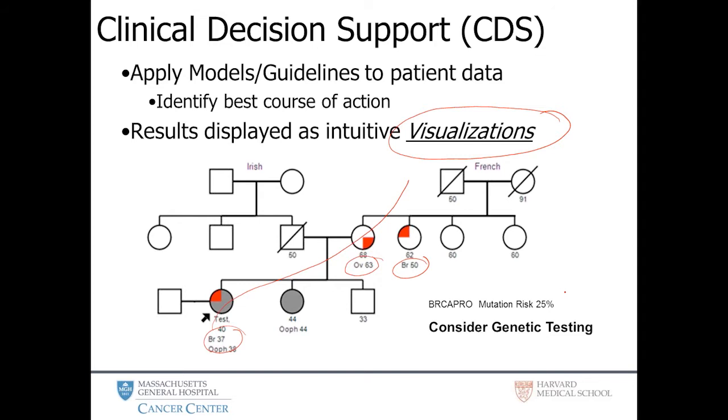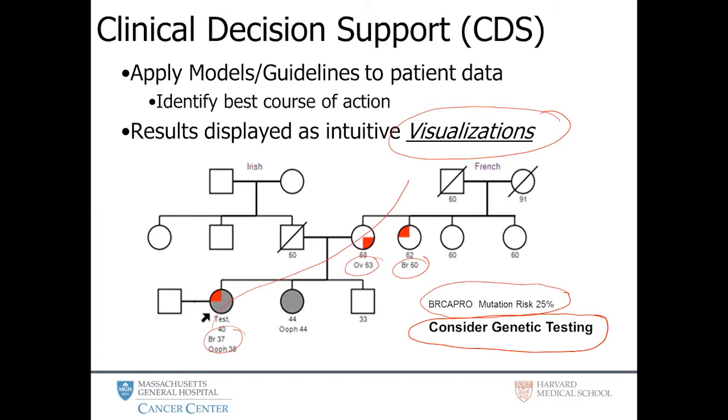You can go a step further and run a risk model like BRCA Pro and say that based on this particular family constellation, the risk of mutation for this individual is about 25%. She's got about 1 chance in 4 of having a mutation. Well, you can then go a step further and say, if you've got a 25% chance of having a mutation, you should consider genetic testing for this individual.